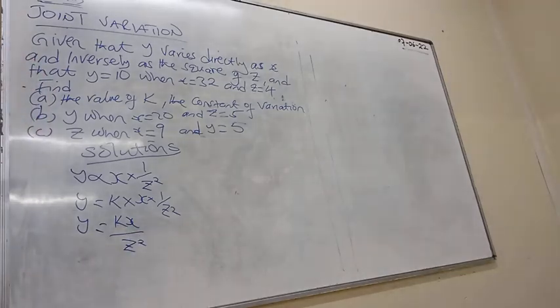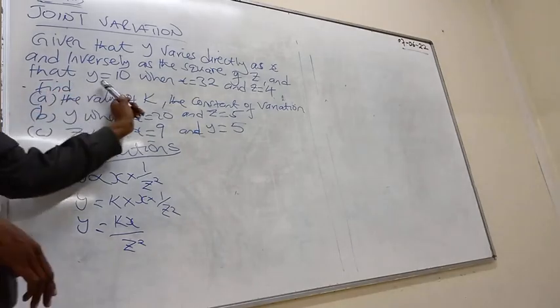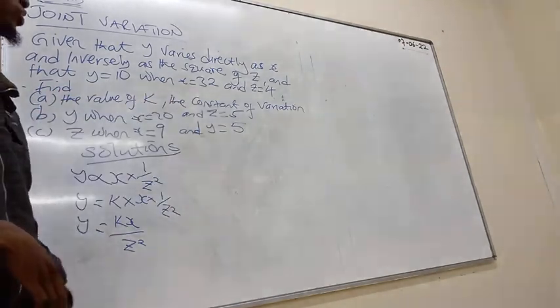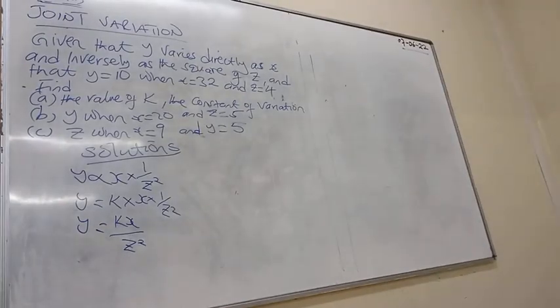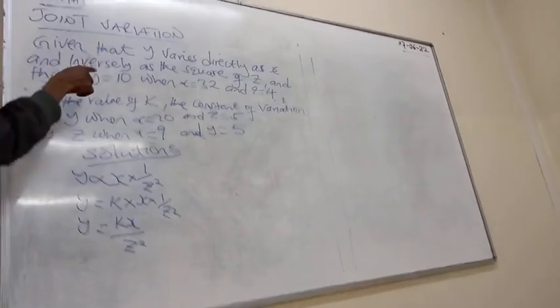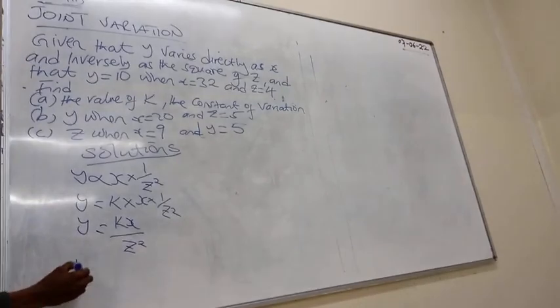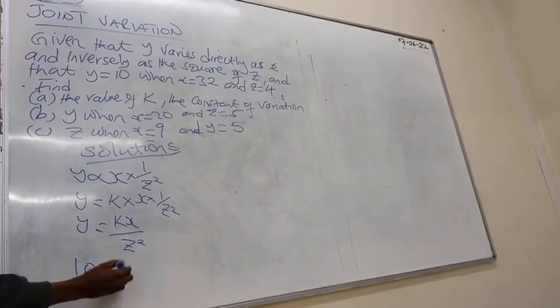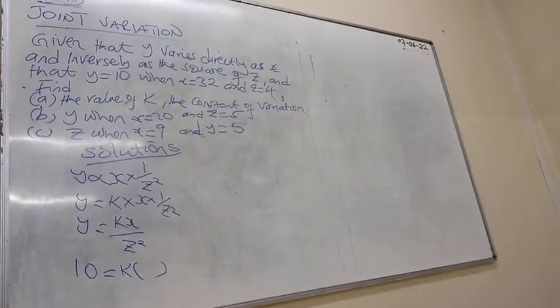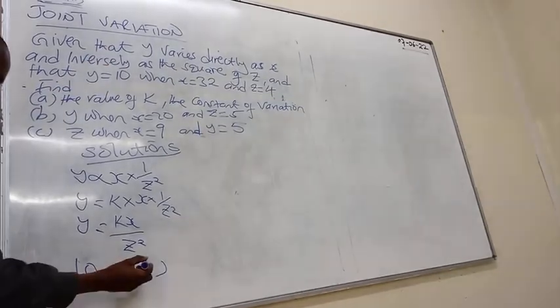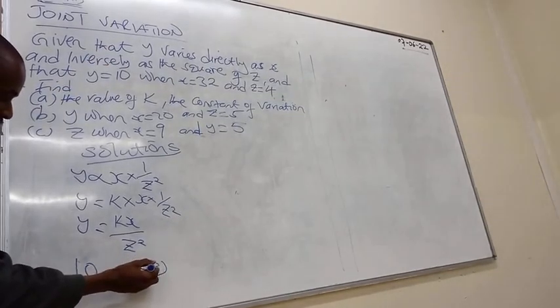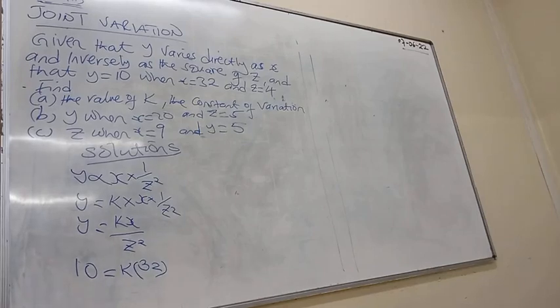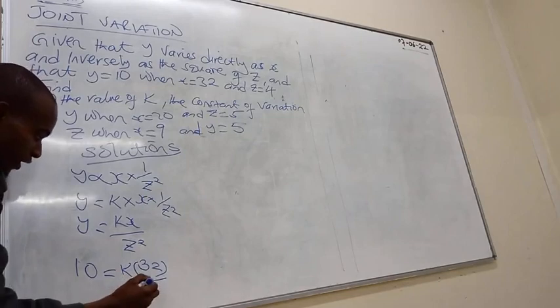Now, if we read question A, they want us to find the value of k. We were given the first values here: y is 10, x is 32, and z is 4. So where there is y, we'll put 10, times, where there is x, we put 32, and z will be 4.